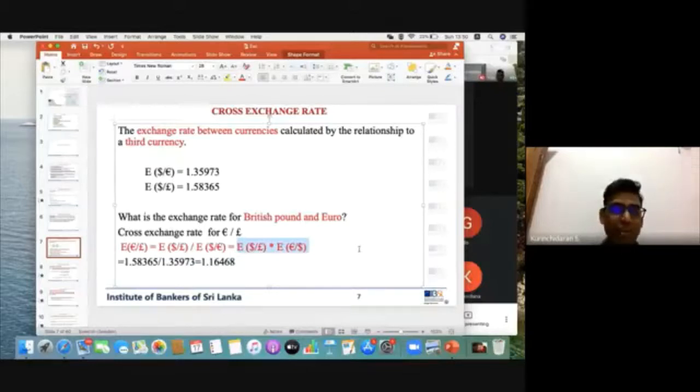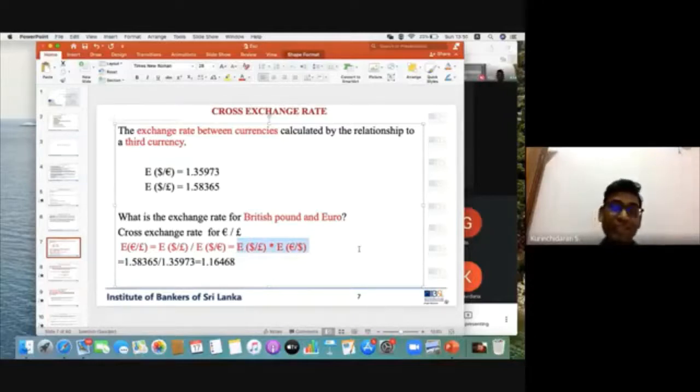So the answer is 1.58365 divided by 1.35973. So the answer is 1.16468. So that means 1 sterling pound is equal to now 1.16468 euro.